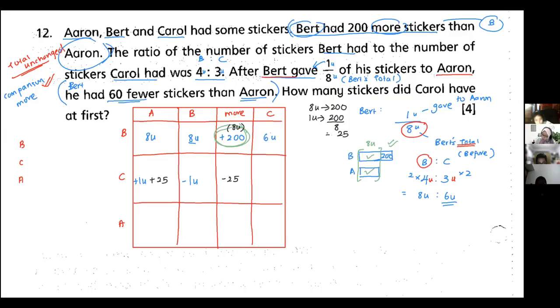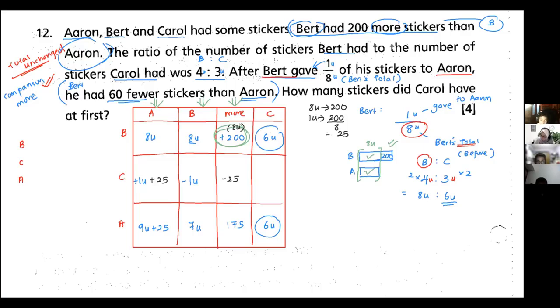Then we go down the column. 8 units plus 1 unit is 9 units plus 25. 8 units minus 1 unit is 7 units. 200 minus 25 is 175. 6 units here remains as 6 units because there's no change for Carol. And of course the total has no change because it was given to one another.